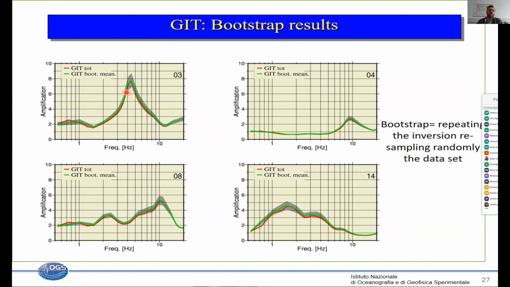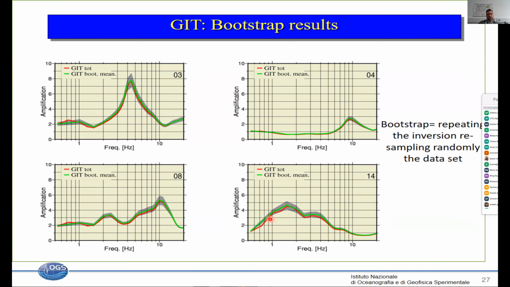Station 3 has a very large amplification, mainly around 4 Hertz, with a clear peak. Station 4 has a moderate amplification, quite small, but only in the very high frequency range, so 9 to 10 Hertz. Station 8 has a little bit more complicated site amplification, with a lower frequency peak around 2.5 Hertz, and then a high frequency peak at 10.